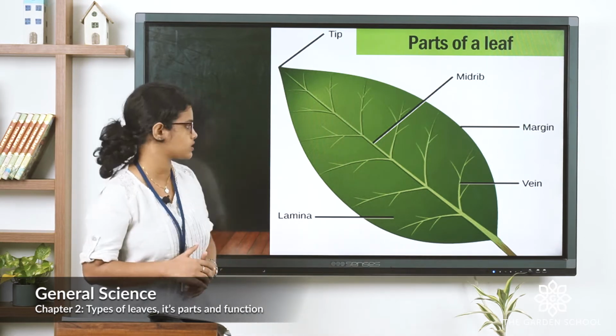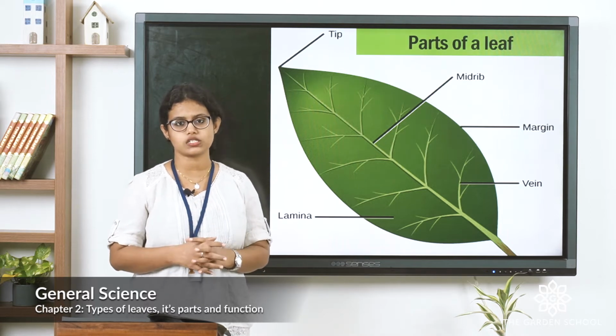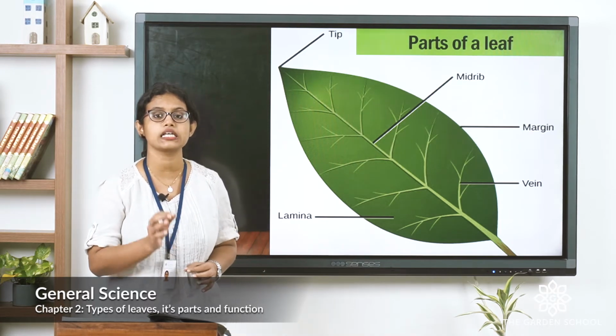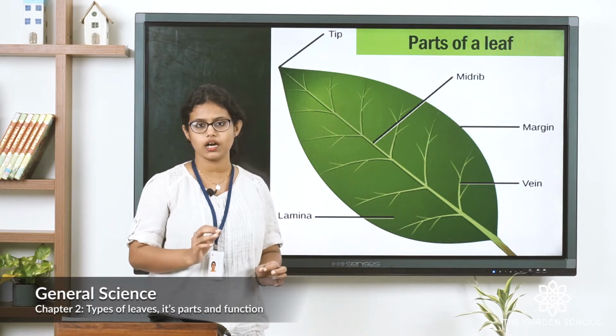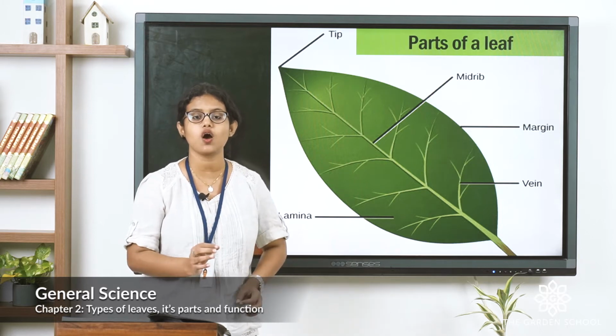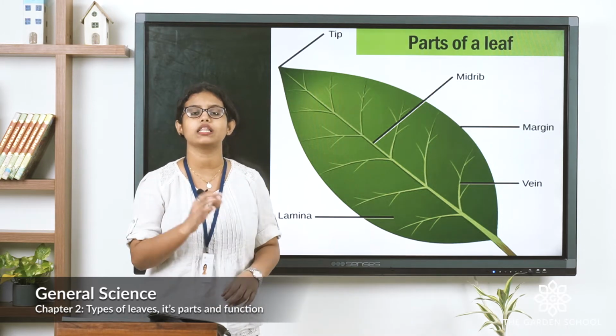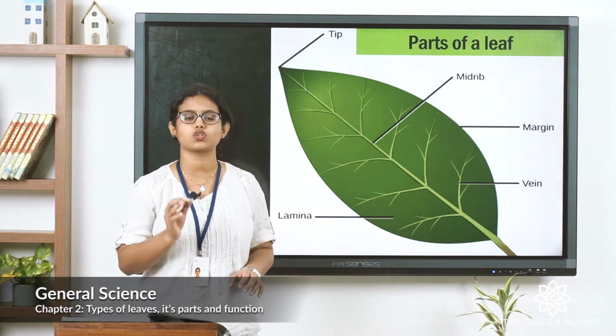So the first part, this part, the flat, broad surface of a leaf is called the lamina. The flat, broad surface of a leaf is called the lamina or the leaf blade. And this part is the main part of a leaf.